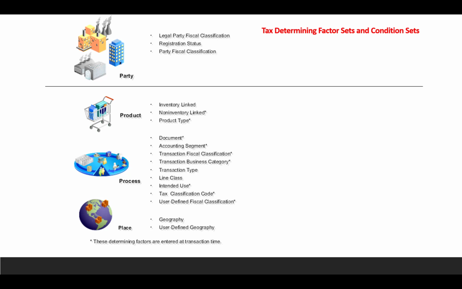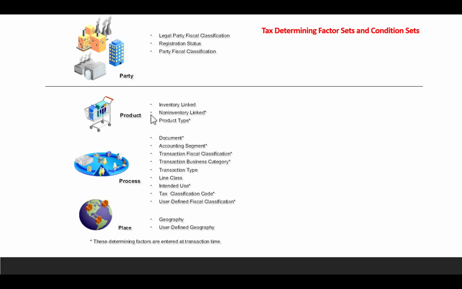In my tax determining factor set I will put registration status, and in the condition set, if registration status equals foreign or equals local or equals not registered, then the system will calculate tax or not. This you will put in the tax rule.